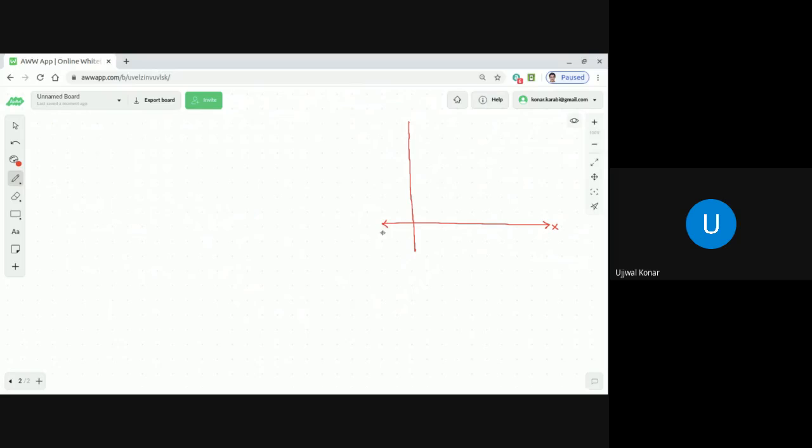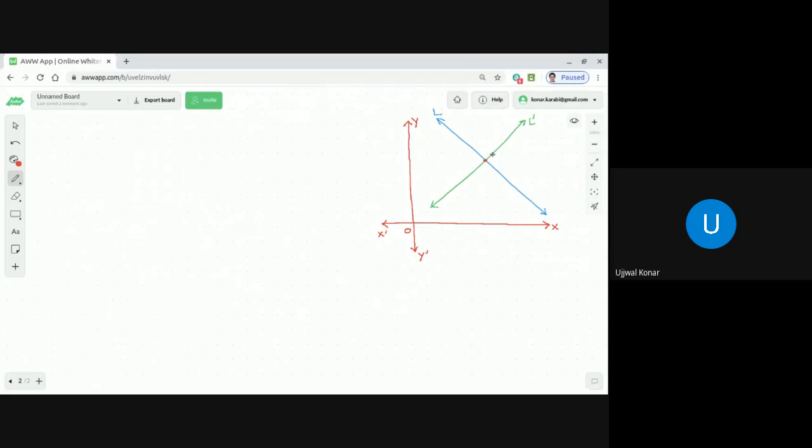This is x dash, then y dash, and this is the origin. Suppose we have a straight line something like this, which is the straight line L, and we have another straight line something like this, that is L dash. Now the point of intersection of these two straight lines is P.